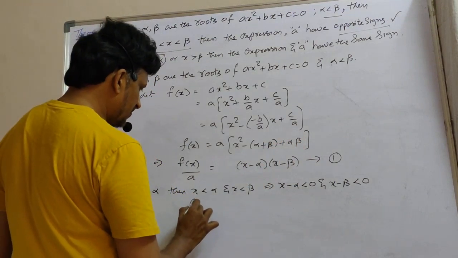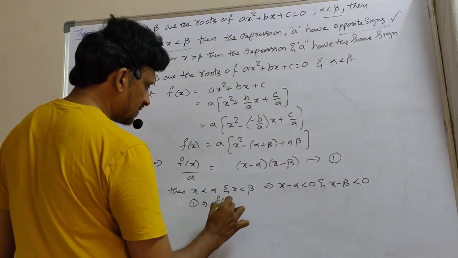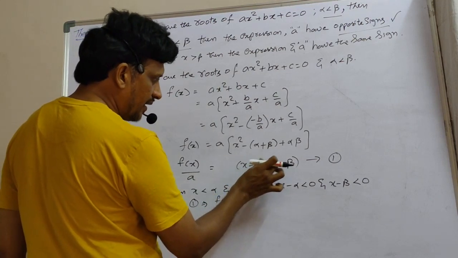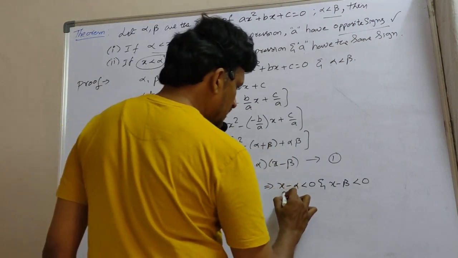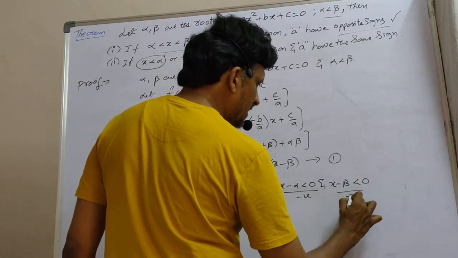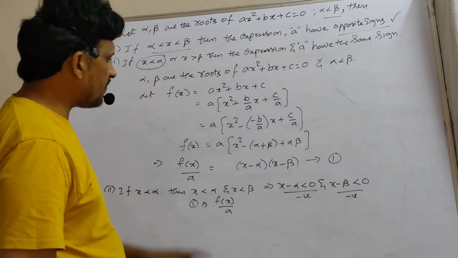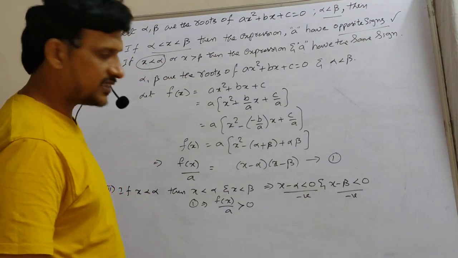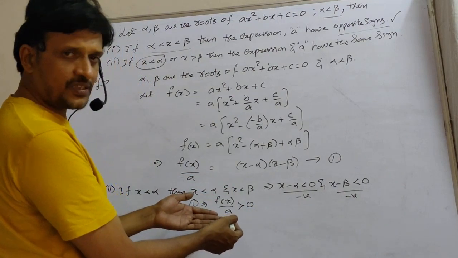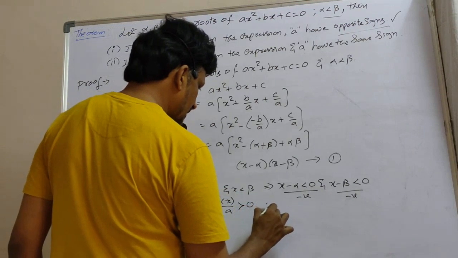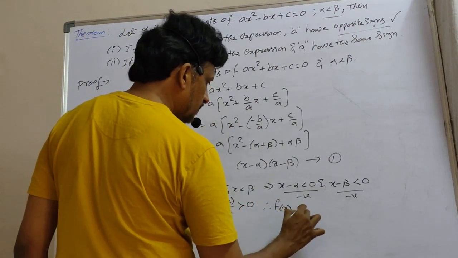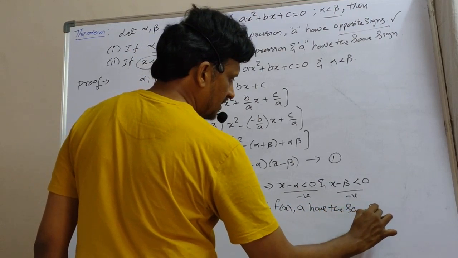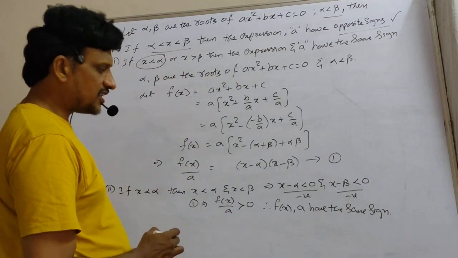That means from the first equation, f of x by a is equal to one negative term into another negative term, because x minus alpha is negative, x minus beta is also negative here. The product of two negative terms is positive, so this fraction is greater than 0, positive means. Again the fraction f of x by a is positive means f of x comma a have the same sign. These two have the same sign. This is the first part.